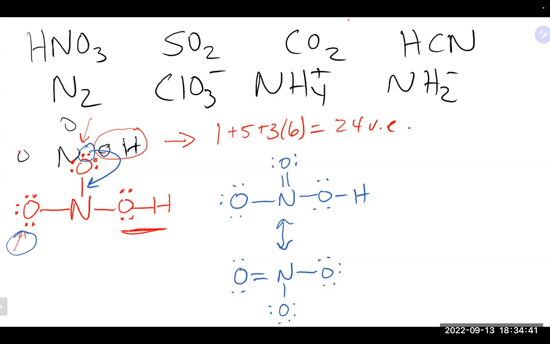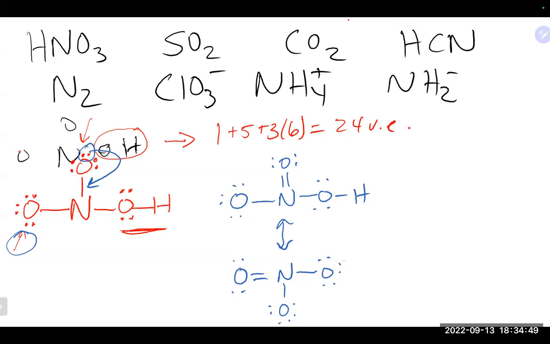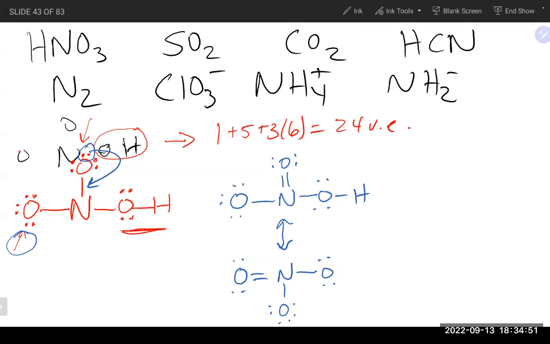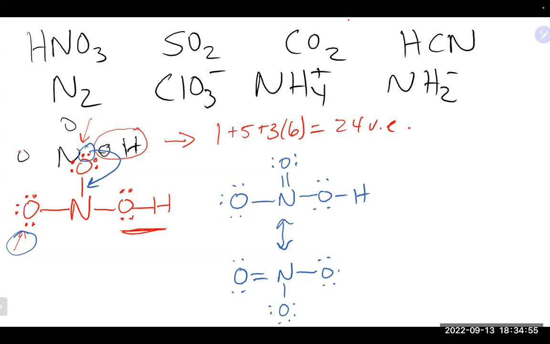And those would be resonance structures of each other, except I am missing a hydrogen, so probably want to put the hydrogen on that guy as well. There we go. So these would be two resonance structures of nitric acid.